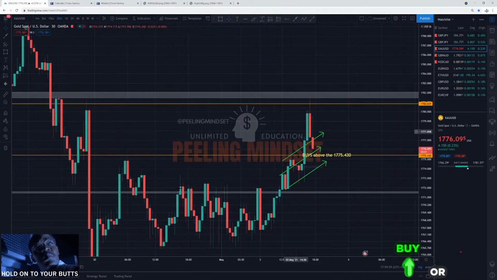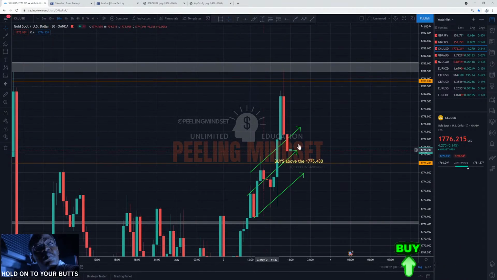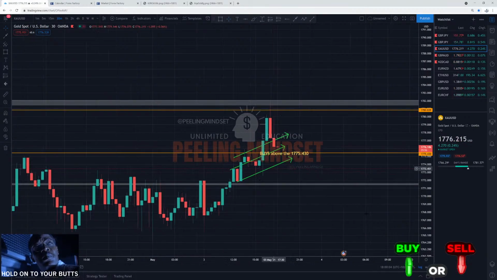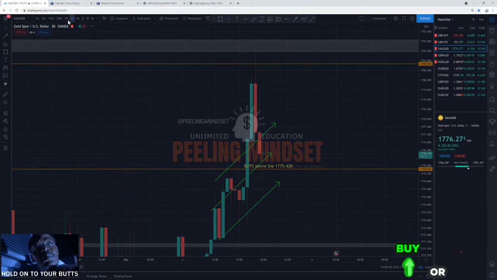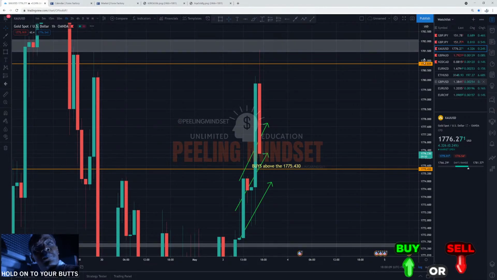Wow. This is just amazing price action here. Gold is going to correct the market.